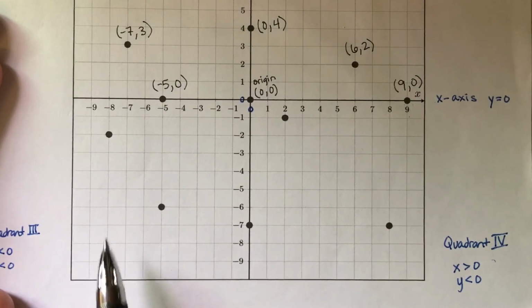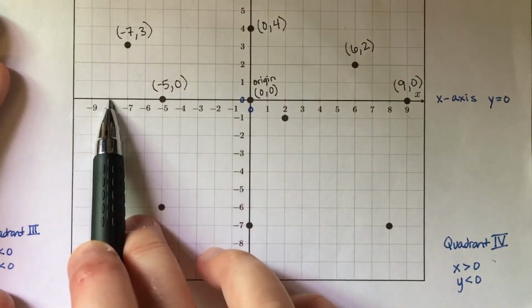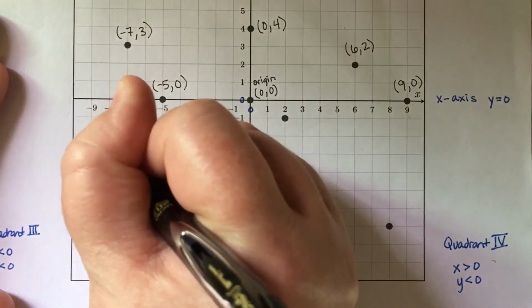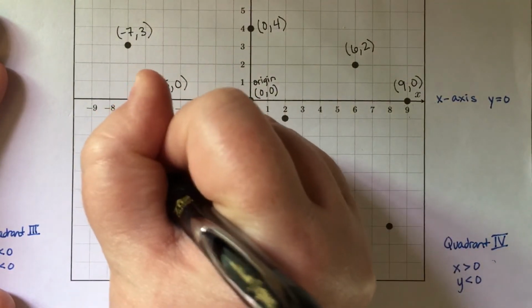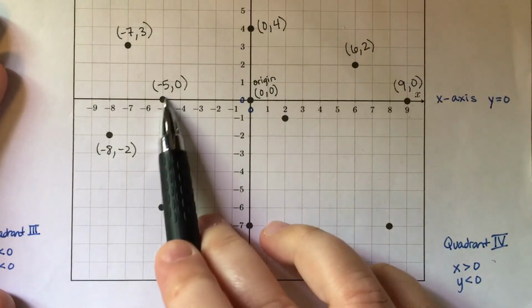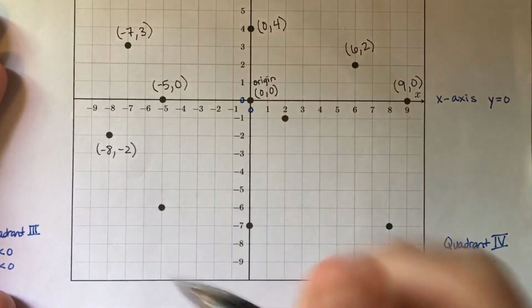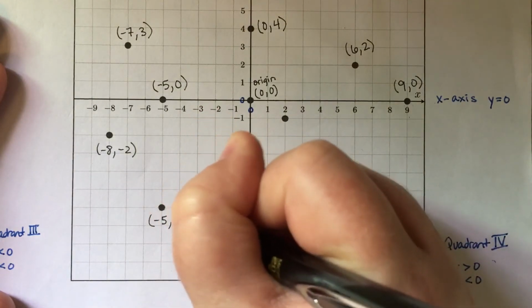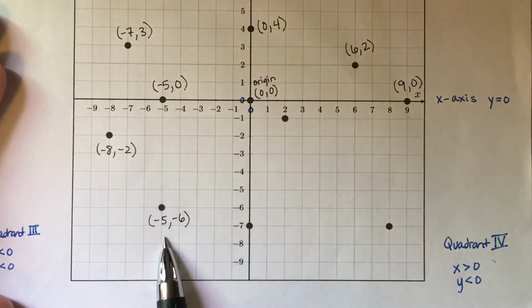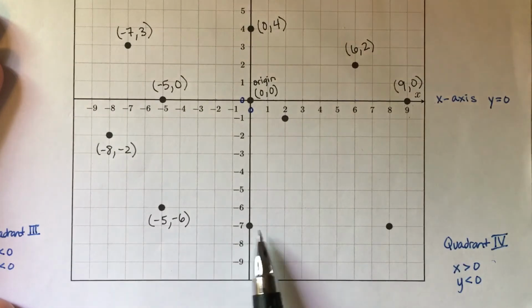All right, quadrant 3. This one, the x value is negative 8, and the y value is negative 2. This one, we have an x value of negative 5 and a y value of negative 6. So those are the 2 points in the third quadrant.